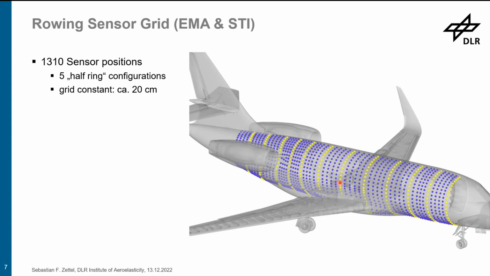For every consecutive configuration, the installed sensors, marked in yellow, were pushed one step further back towards the tail of the aircraft until every sensor position was measured. And for every sensor configuration, we also used the same excitation locations, which I will cover in a few seconds.